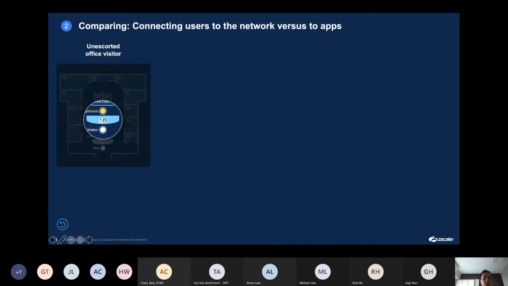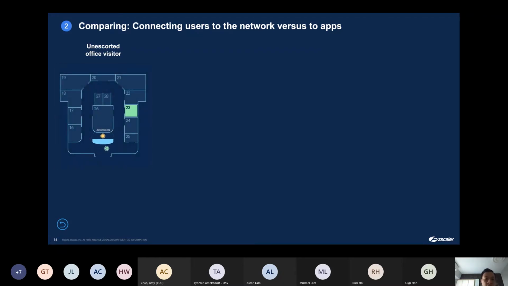The traditional network security model works just like this animation: after the visitor gets a badge, we don't do any escort, but allow this visitor with the badge to go anywhere.